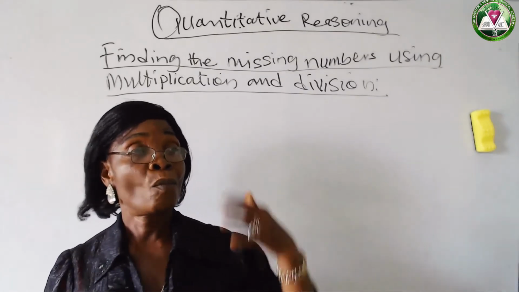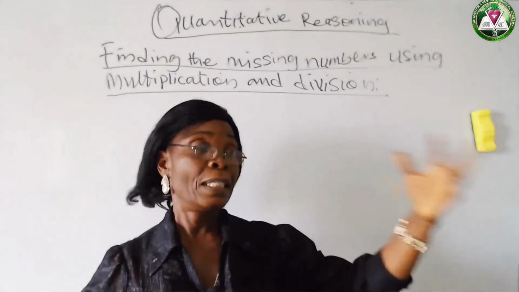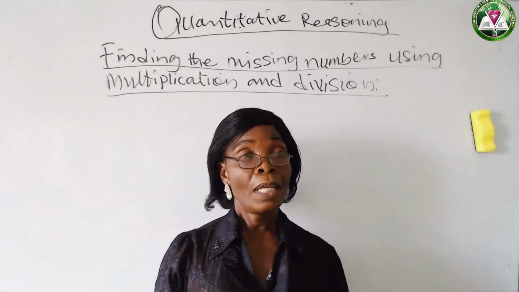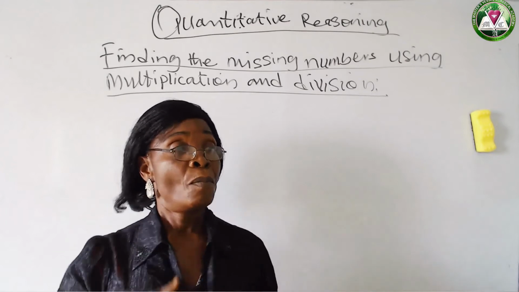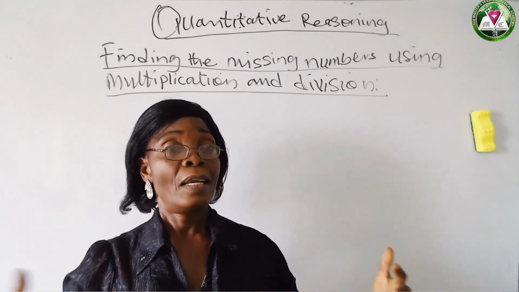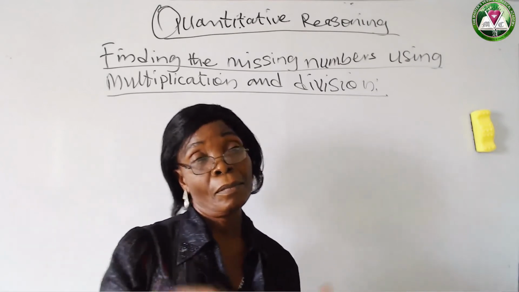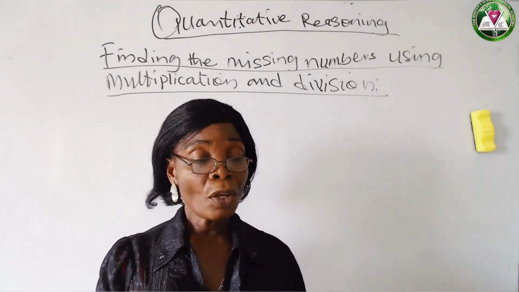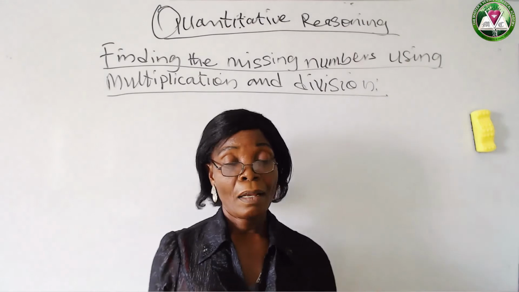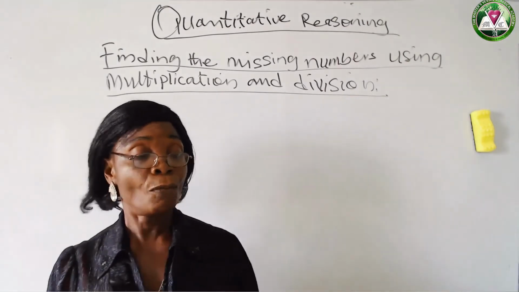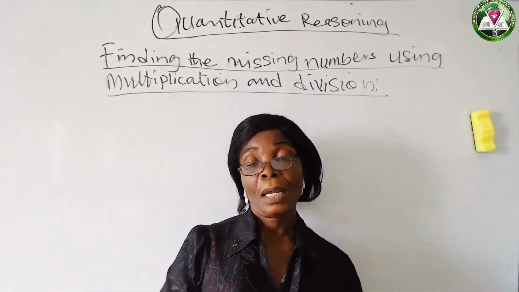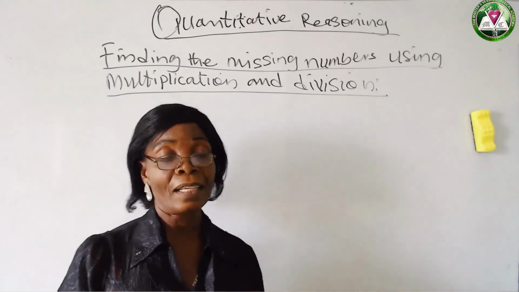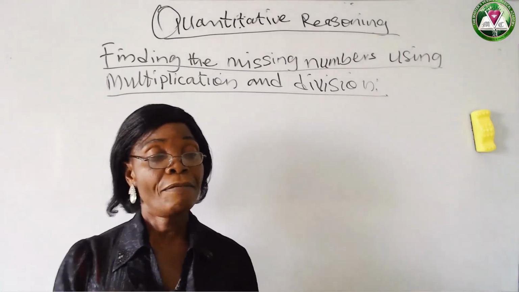After saying A, B, C, D, then you have to say A times B equals C, and so on and so forth. Having done that, the next step is for you to substitute or replace the letters using figures.